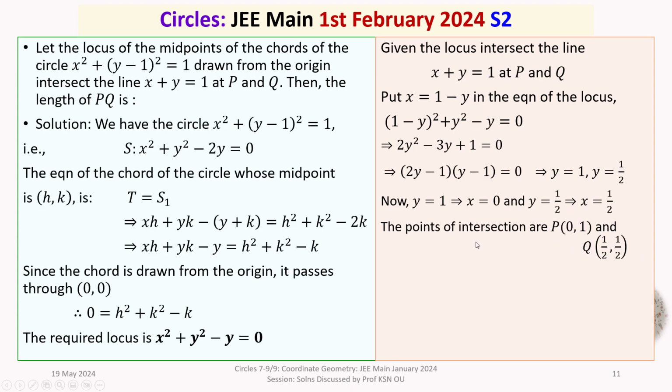We want the length PQ. So the length of PQ is equal to, using the distance formula, the square root of (x2 − x1)² + (y2 − y1)². Then you will get the square root of (1/2 − 0)² + (1/2 − 1)², and that will be equal to the square root of 1/4 + 1/4, that's equal to 1/√2.